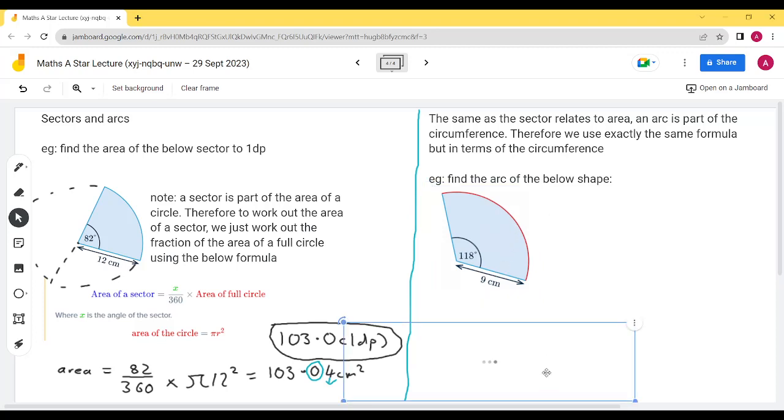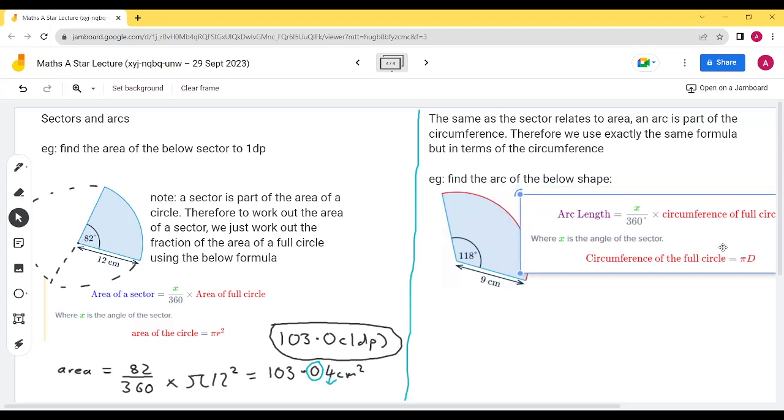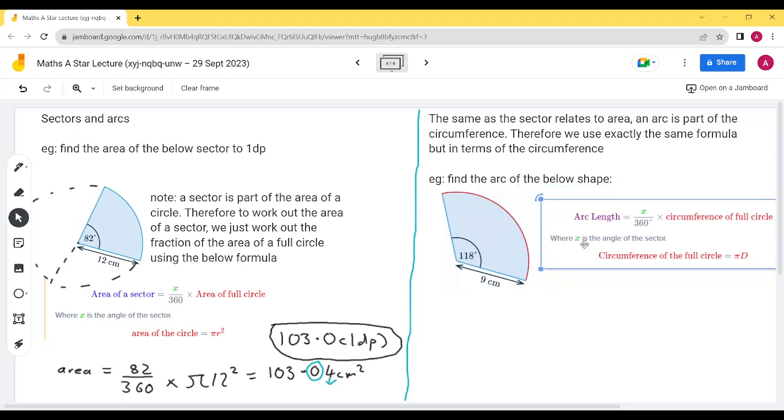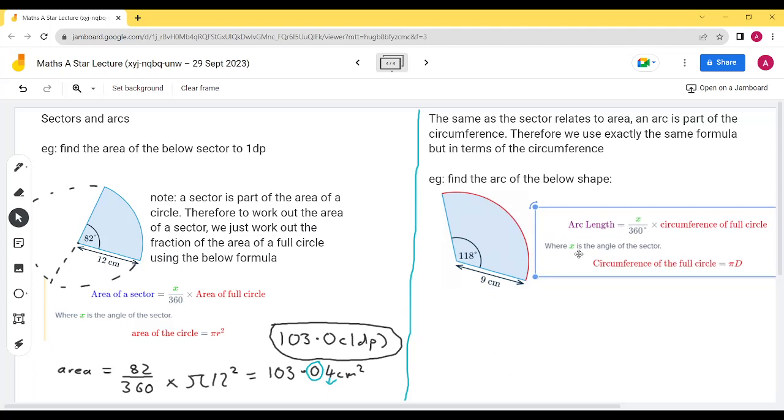So we're going to pop our equation to the side. So we've got the arc length equals x over 360 times the circumference of a full circle, where x is the angle of the sector and the circumference of the full circle, obviously being pi d.